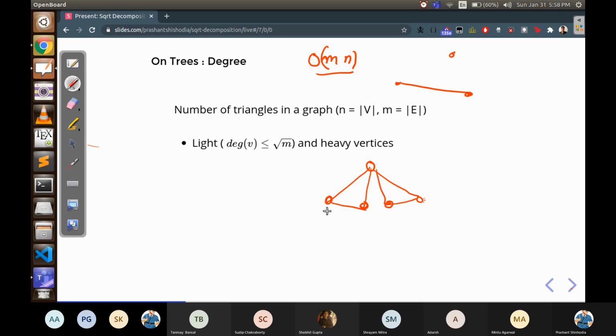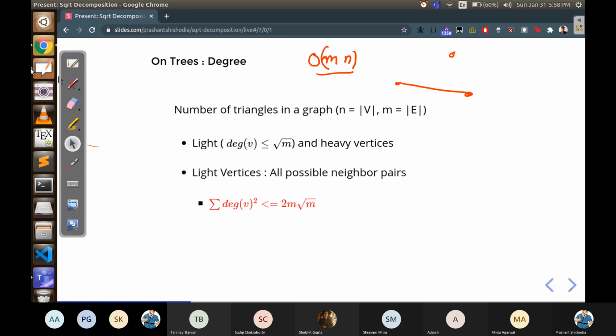When I got that intuition, I tried to figure out what happens if the degree is large enough, because if the degree of some vertex is n by 2, I cannot check every one of these pairs. That's the intuition behind it.